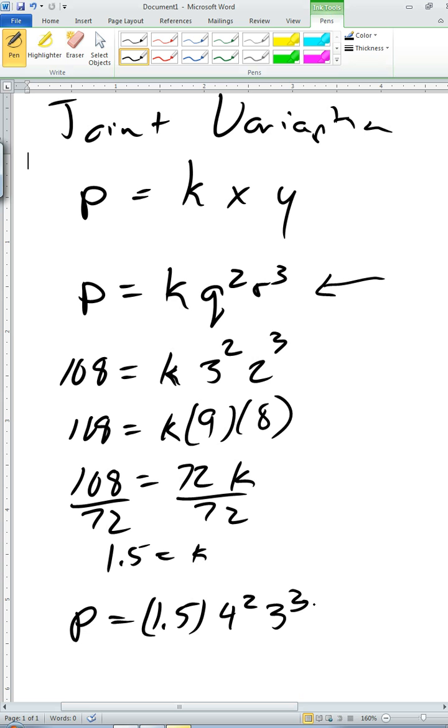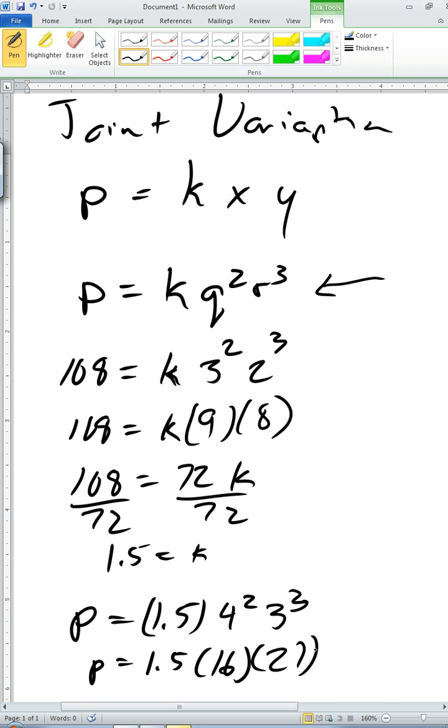So I just took those numbers. Now I know my constant, which is k, and then my q and my r again, I plug those into that equation, and so now I get p is equal to 1.5 times 16 times 27.